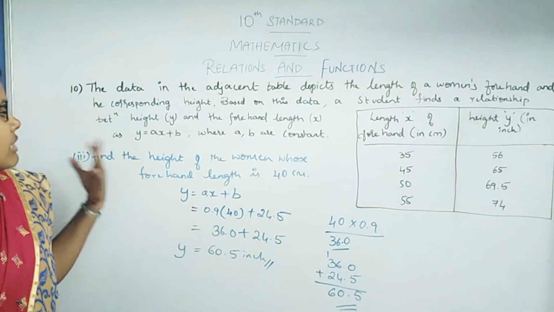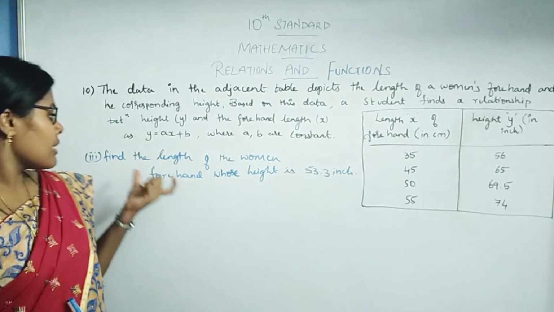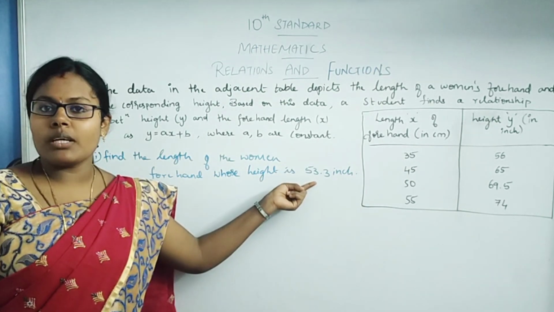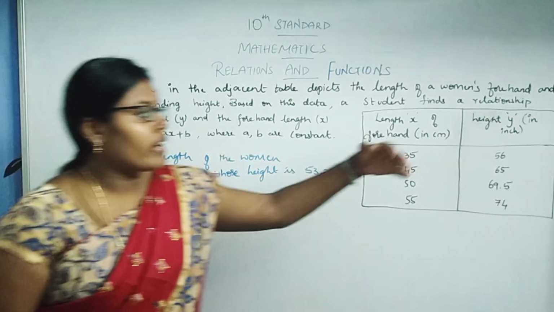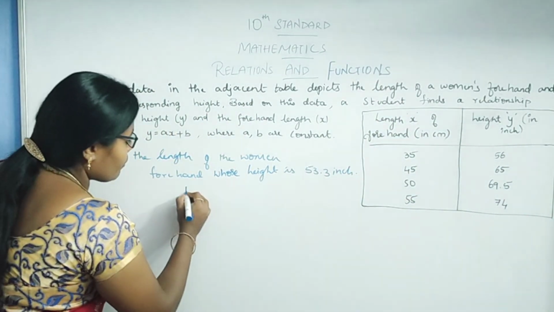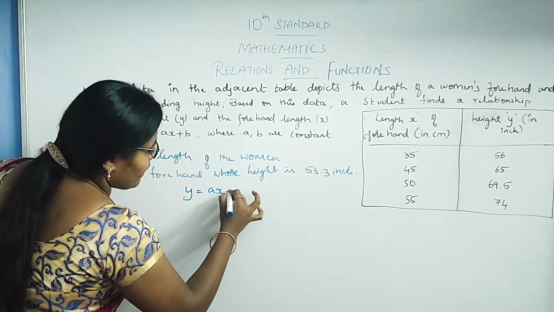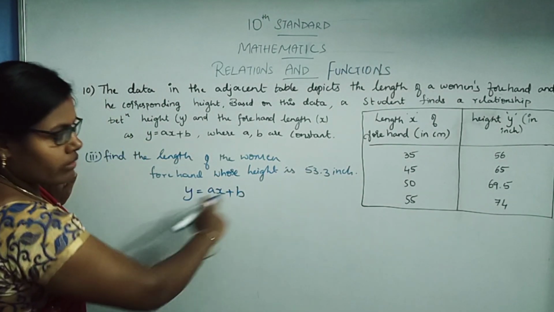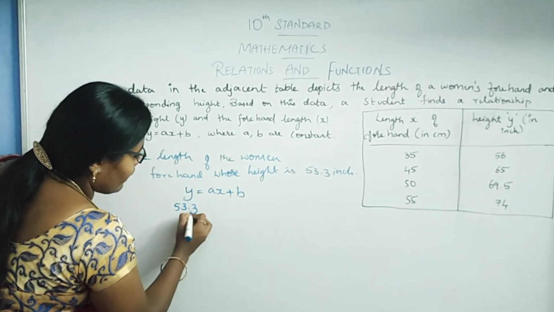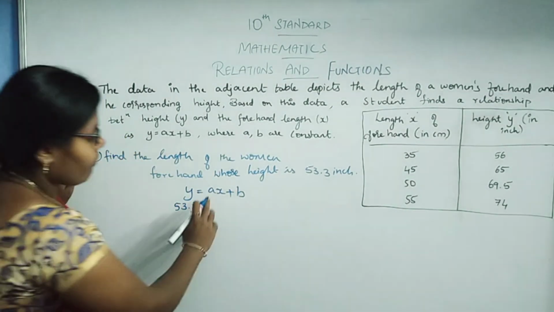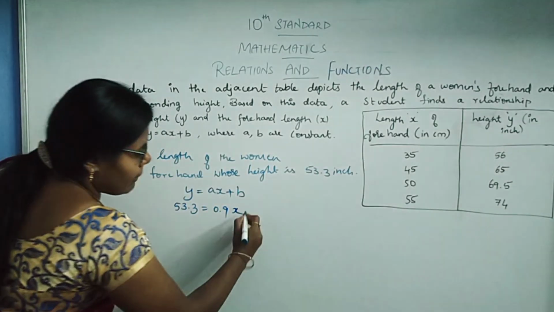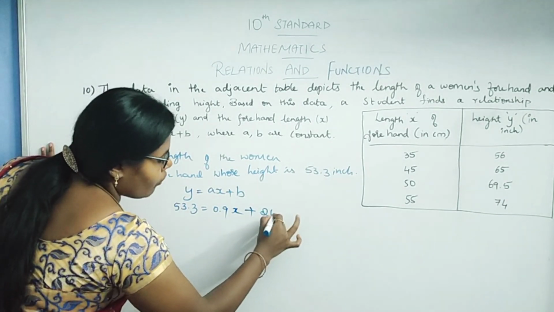Now we'll see the next one: find the length of the woman's forearm whose height is 53.3 inches. They have given the height, and now you have to find the length, X. Our relation is Y is equal to AX plus B. Y is the height they have given, so 53.3 is equal to A value 0.9, times X, which we have to find, plus our B value 24.5.